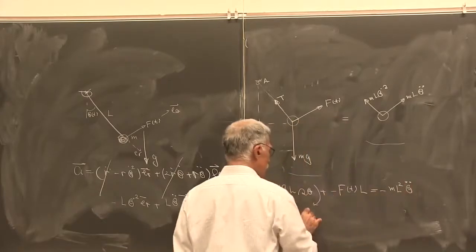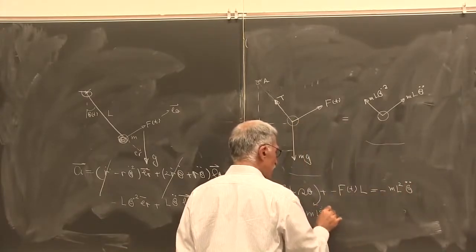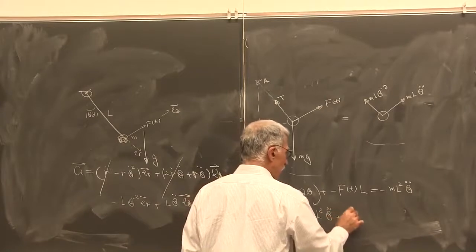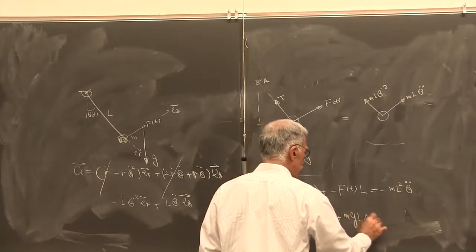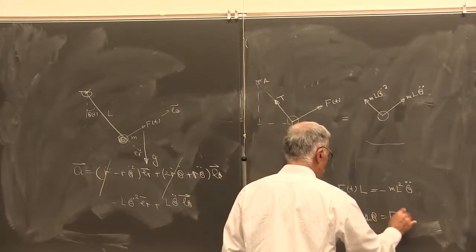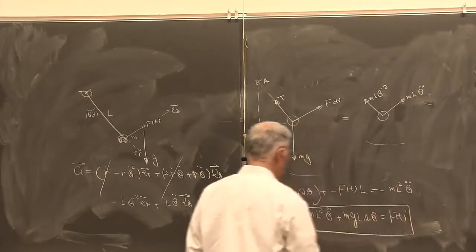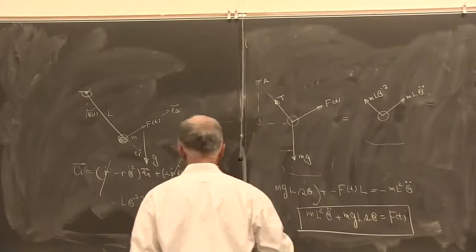So your equation of motion becomes m L squared theta double dot plus m g L sine theta is equal to F of t. Very simple equation.